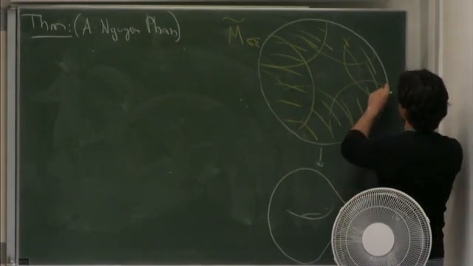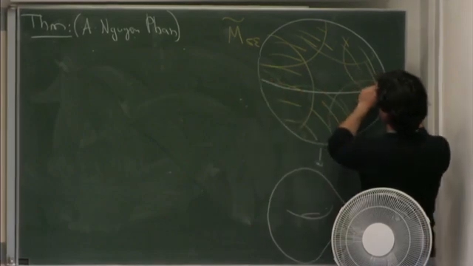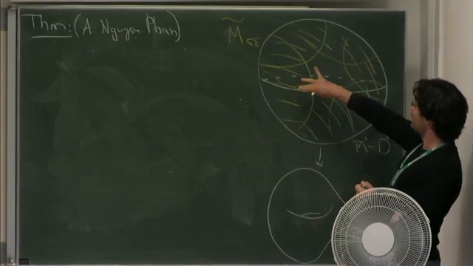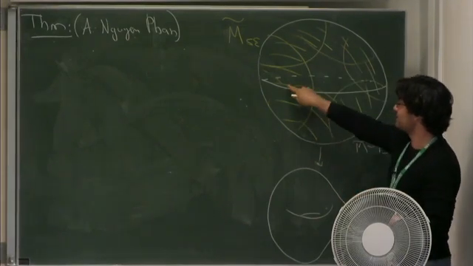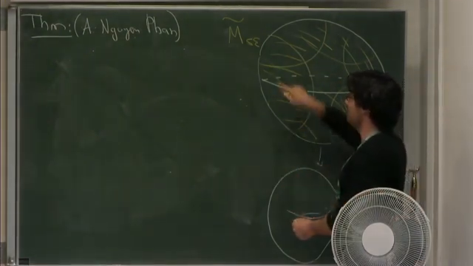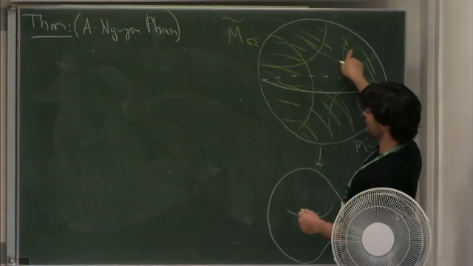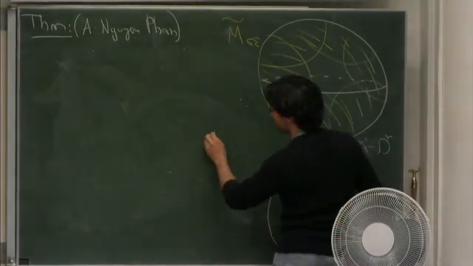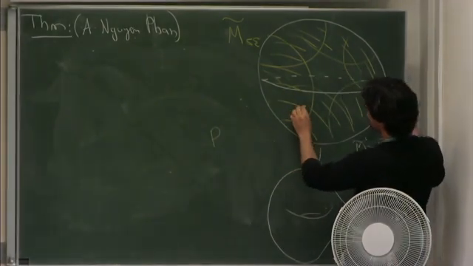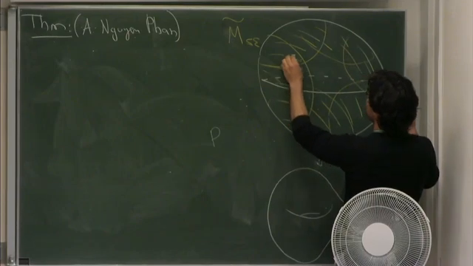And again, let me draw it so that it looks higher dimensional. Now I want to say something about the topology of this region that's lying over the thin part. By topology, I mean I'm going to look at a homology cycle, or more generally a map from a finite polyhedron.